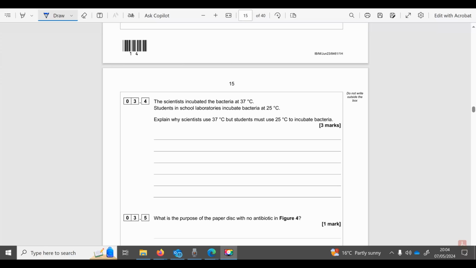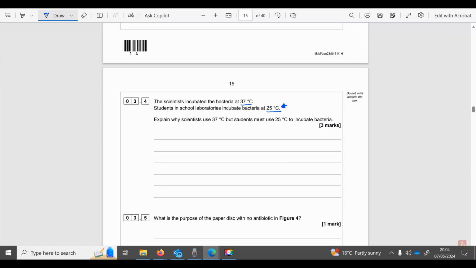Question 3.4. The scientists incubated bacteria at 37 degrees Celsius. Students in school laboratories incubate bacteria at 25 degrees. Explain why scientists use 37, but students must use 25 degrees to incubate bacteria. Okay, so a certain temperature is restricted in schools for growing bacteria.